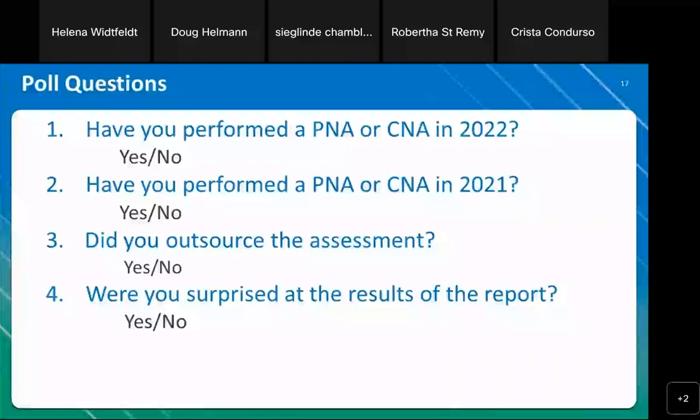Many of us know that we're not surprised at the report. It just validates what our gut already told us or other management reports. We have 15 more seconds. Don't be shy.